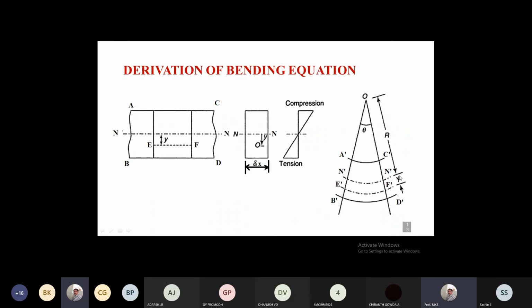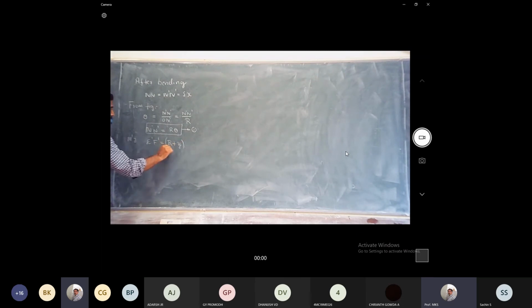This is R plus Y. Therefore, I can write for E dash F dash: E dash F dash will be equal to R plus Y into theta. Call this equation 2.